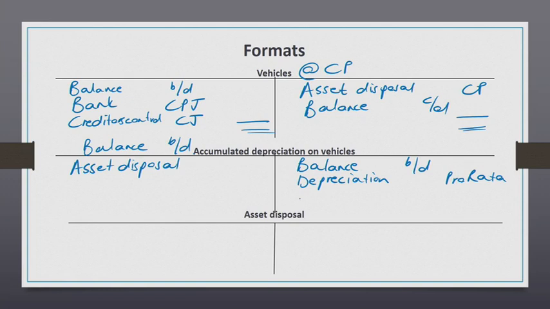Then at the end of the year, nothing to do with asset disposal, a normal depreciation that must be written off at the end of the year. These will be general journal entries, and this is for the year that we write off at the end of the year. And that will be the new ones that we bought and which we had for the whole year.